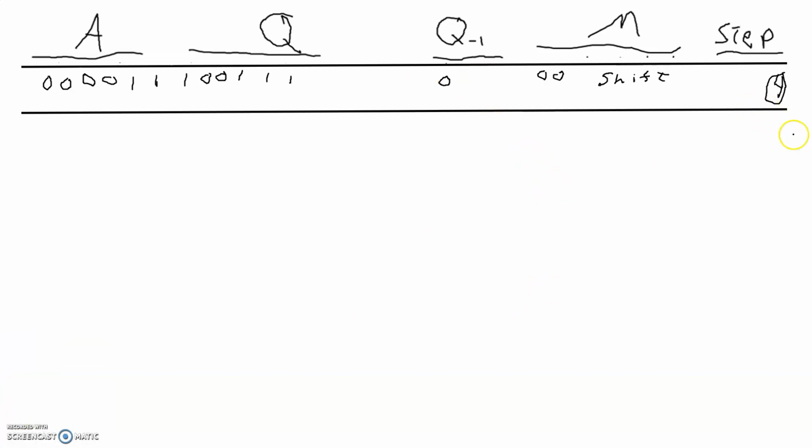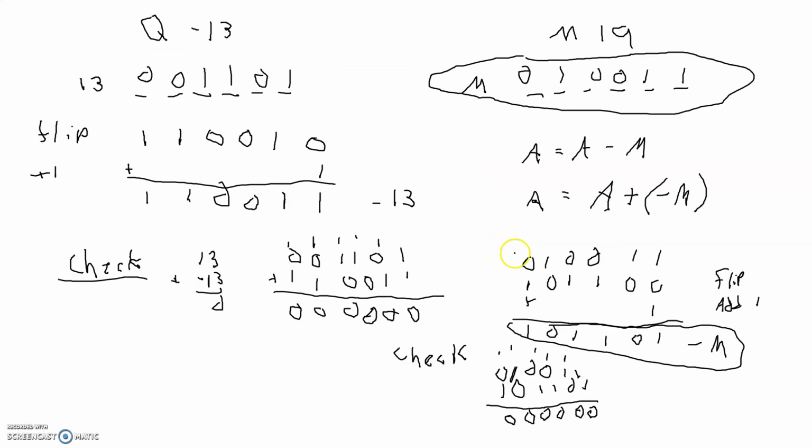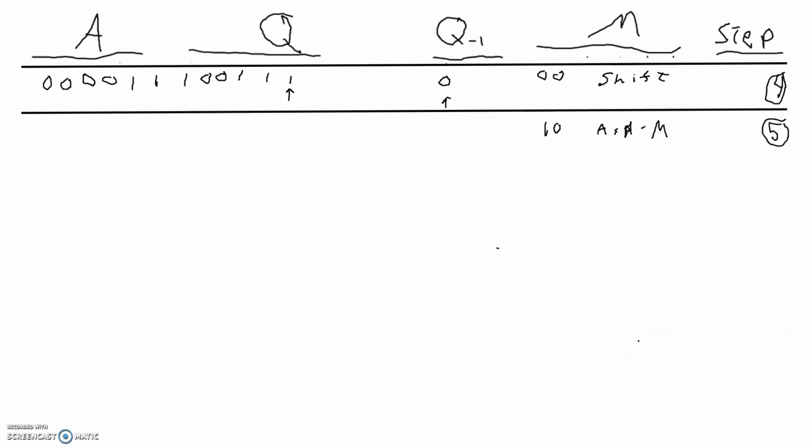Okay, so we're coming in now to step 5. And again, we're looking at Q0, and we're looking at Q minus 1, and that's a 1, 0. And that is A equals A minus M. And if you remember, the minus M is 1, 0, 1, 1, 0, 1.